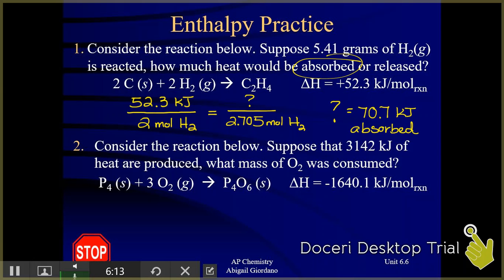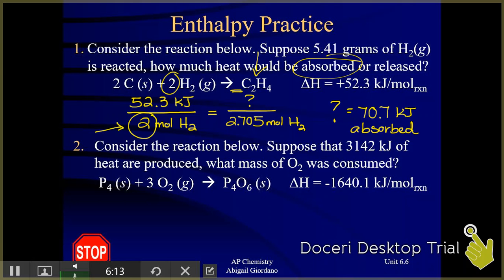So to me, guys, what makes the most sense is to set these problems up like a proportion. Okay, so I took the delta H value that was given to me, and let's just review one more time. Where did I get that number? I got it from the coefficient. If this problem had been asking us about my product right here, what's the coefficient?